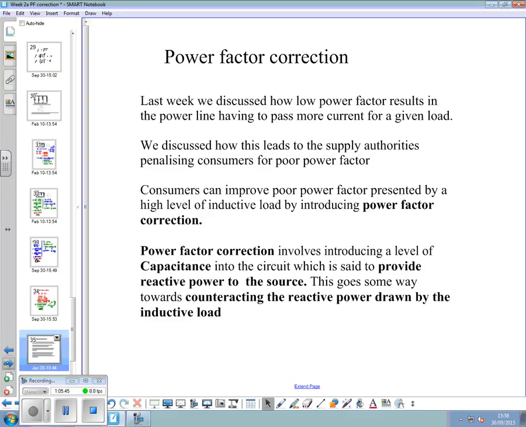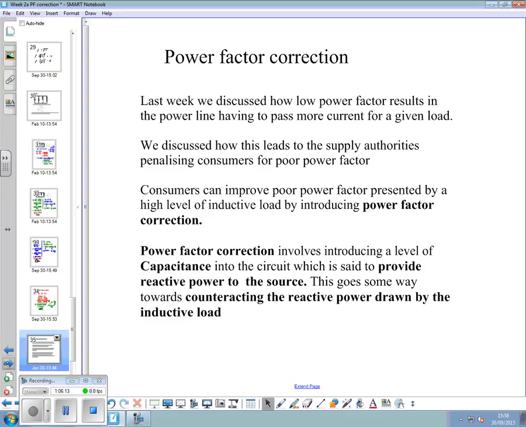Compensating for that by introducing what's called power factor correction. PFC involves introducing a level of capacitance in the circuit which is said to provide reactive power to the source. Effectively it stores some energy and then gives it back, so it works in tandem with the inductors to level things out a little bit.